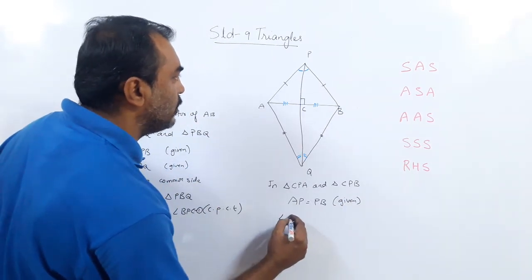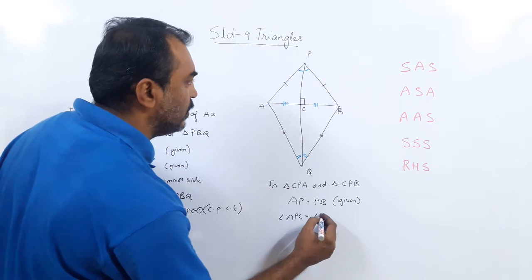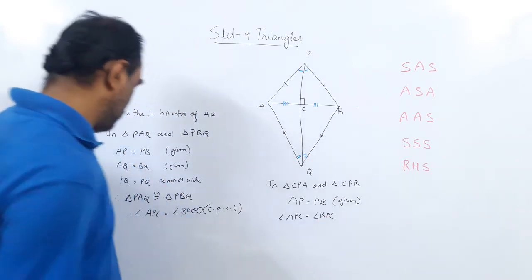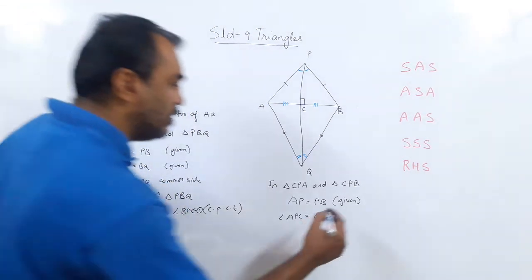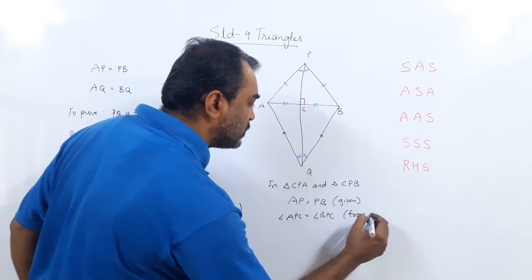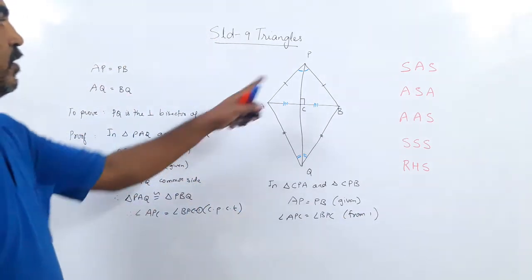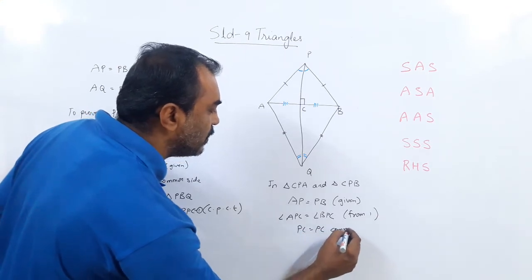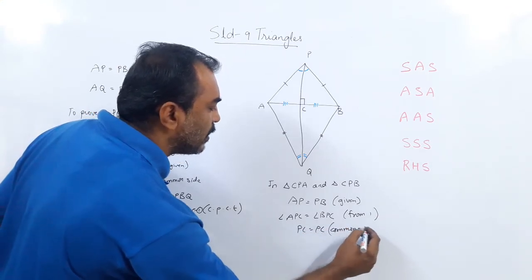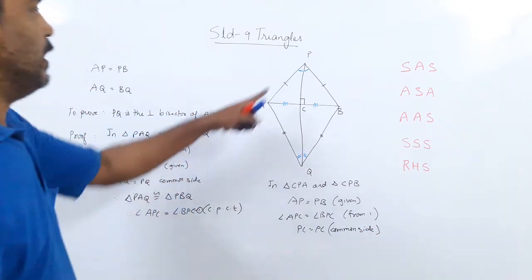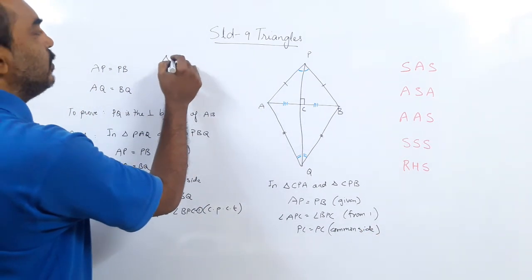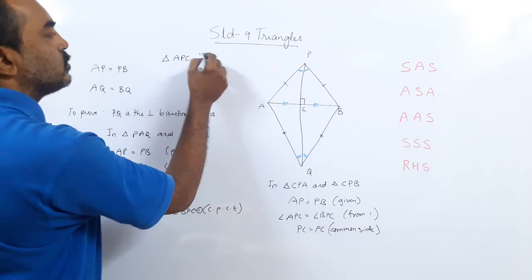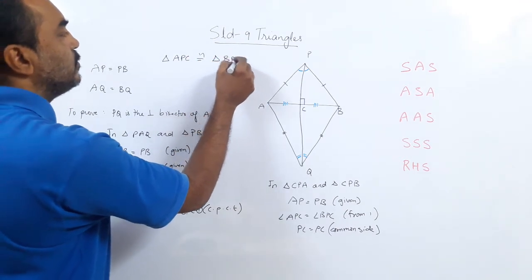We have angle APC equal to angle BPC from result 1, because we just proved it. We have PC equal to PC, a common side to both the triangles. So triangle APC is congruent to triangle BPC.